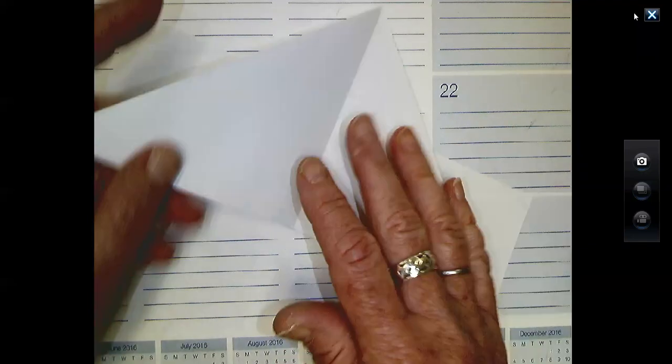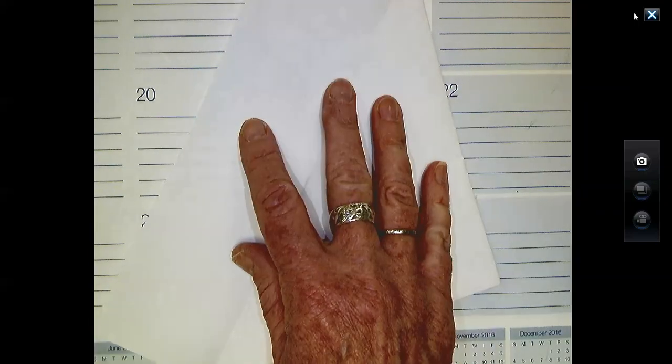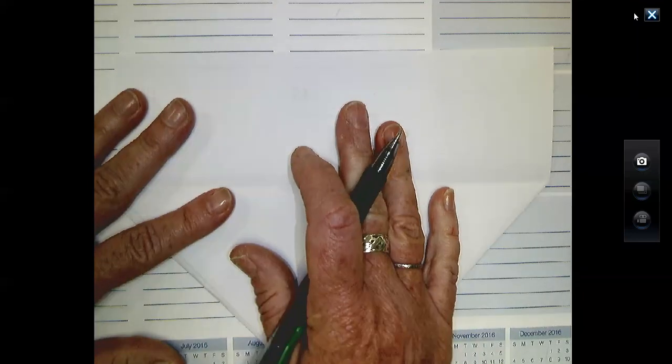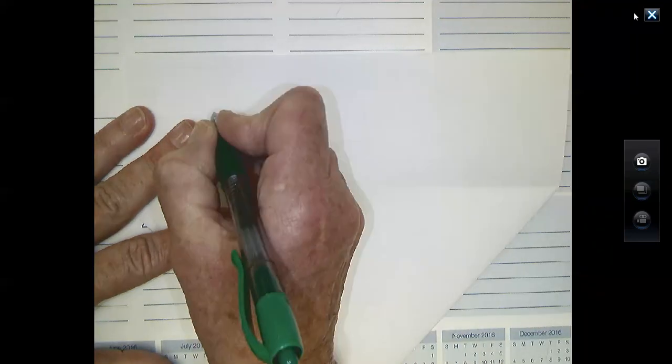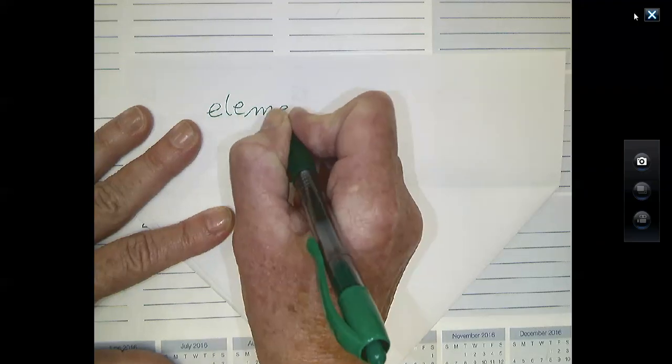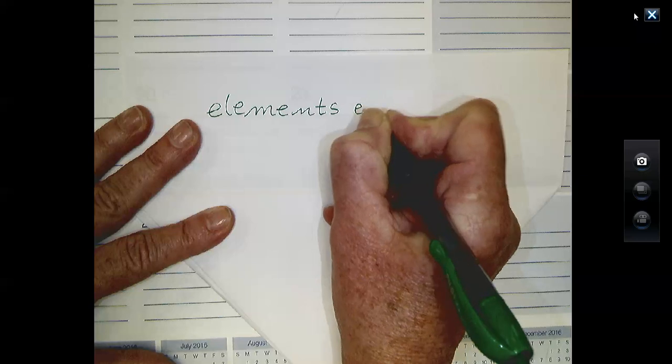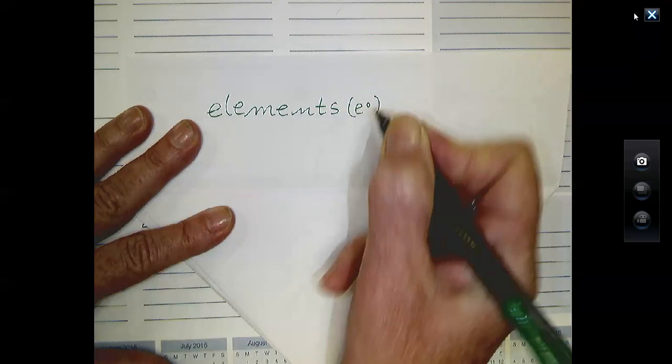So this is a foldable for elements, compounds, and mixtures. And we'll title it right here. And the symbol for element is an E with a little degree sign.